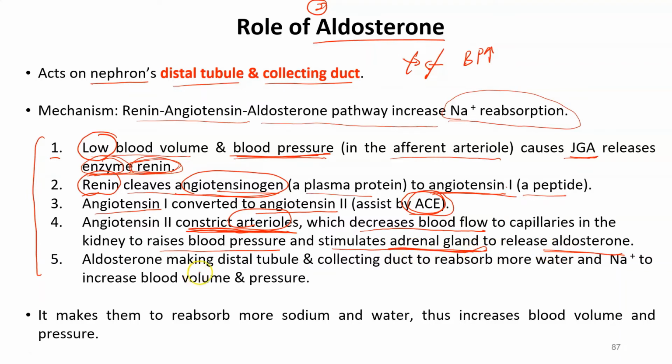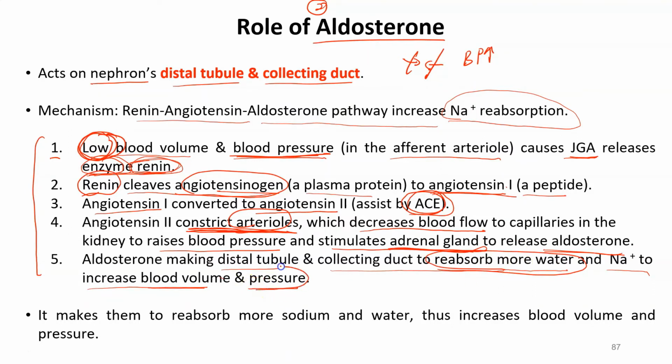So aldosterone makes the distal tubule and collecting ducts reabsorb more water and sodium ion to increase blood volume and pressure. Okay, blood volume. Sebab macam mana tadi, low blood volume kan, so when blood volume is low, you have to increase back the blood volume by increasing reabsorption of water.